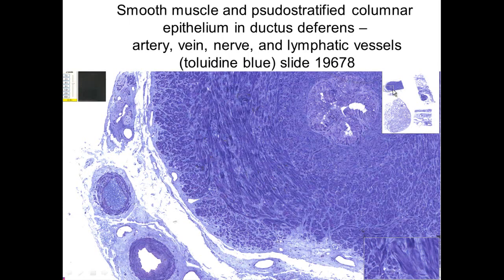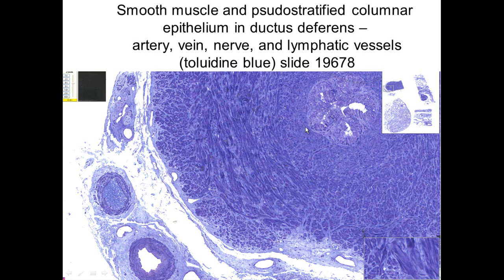In this particular one, we're seeing the ductus deferens, which has the luminal opening in through there. So this is epithelium, and all this is smooth muscle. We have inner and outer longitudinal muscle and a center circular muscle layer.